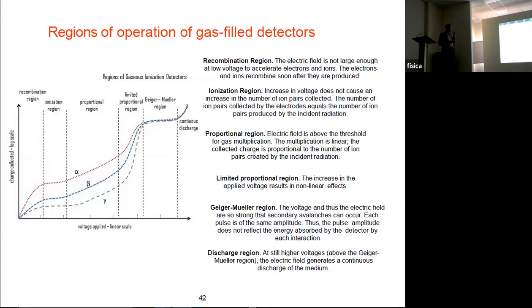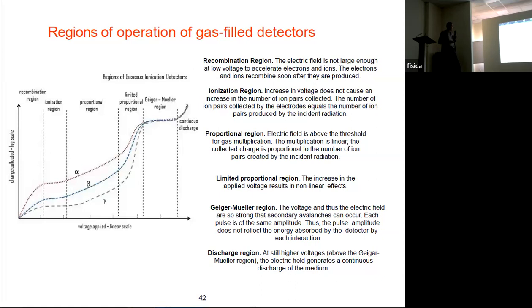But compared to proportional counters, Geiger counters can't measure the energy of the particle. That's the main reason, because they operate at much greater applied voltage.